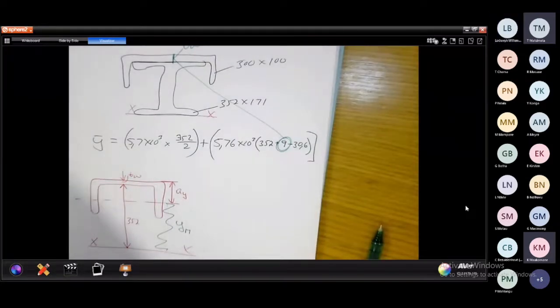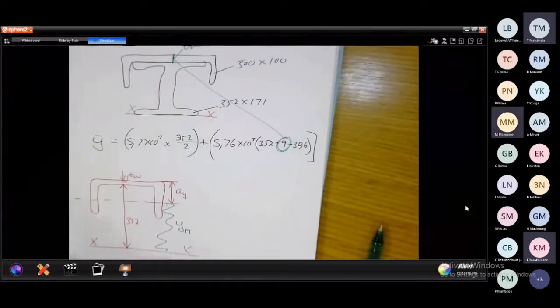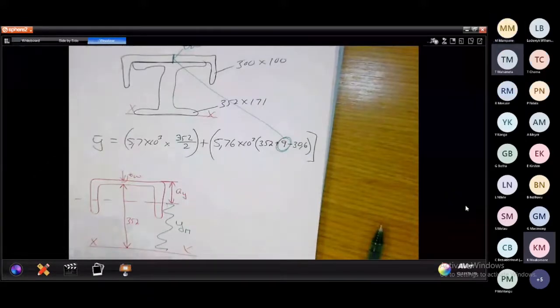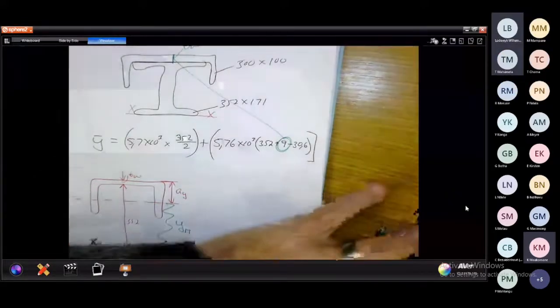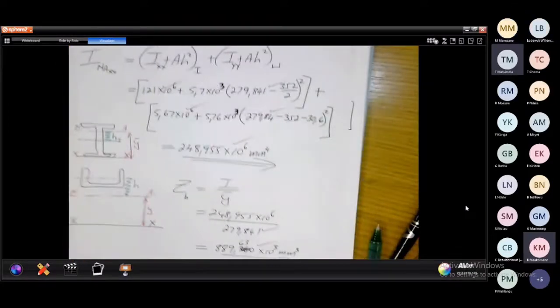Okay. Any questions up to this point? Sir, yes. Can you please go back to the last page that you used? The last page I have used. This one. Yeah, can you go up? Why did you divide 352 by 2? For this one. Yes.